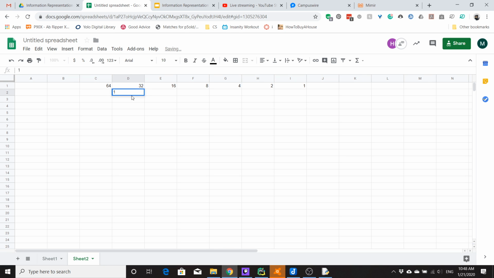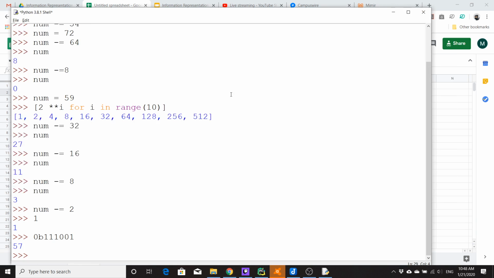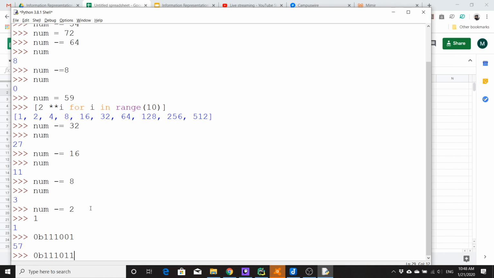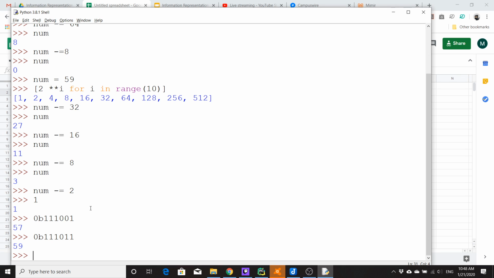So there was a 1 in 32, we had a 1 in 16, we had a 1 in 8, no 4s, right? We didn't have any 4s, I believe. So 11011. Oh yeah, 0, 1, 1. There we go, 59. So we got the correct value.